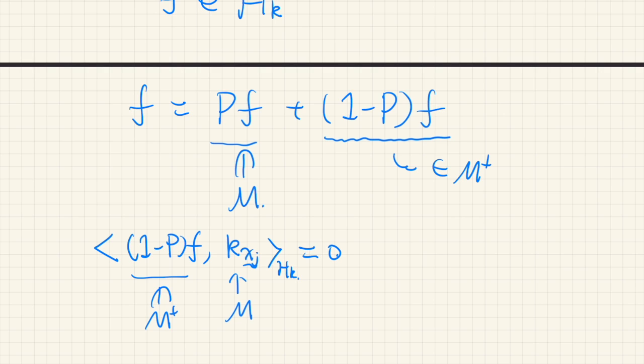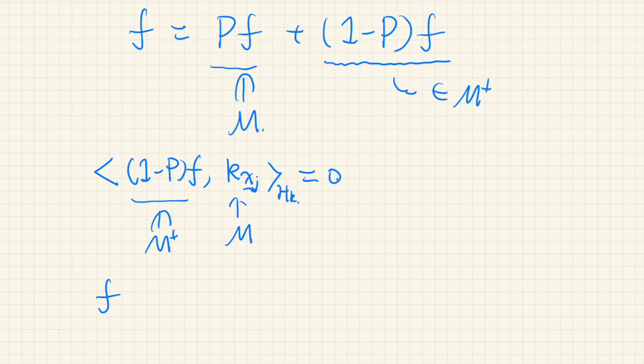They are orthogonal. So f of x_j, where x_j is one of the data points, is equal to the inner product between f and k_{x_j}. This holds because we are now in a reproducing kernel Hilbert space.